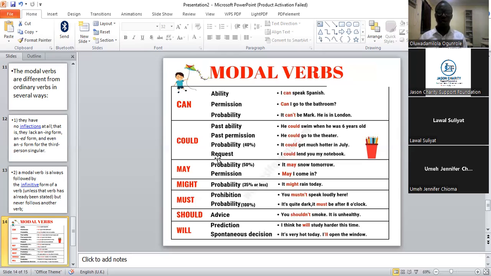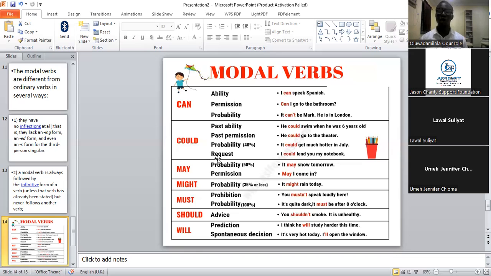Now, the second one I want to talk about quickly is may. Just as with can, you can also use this for probability. It may snow tomorrow. That is, there is a probability that snow will fall tomorrow. So if you use may in a sentence, you are talking about the probability of something that may happen. You may also use it to request permission, just like can. May I come in?